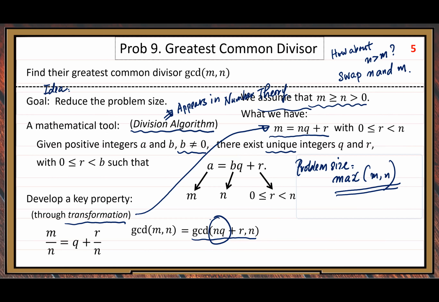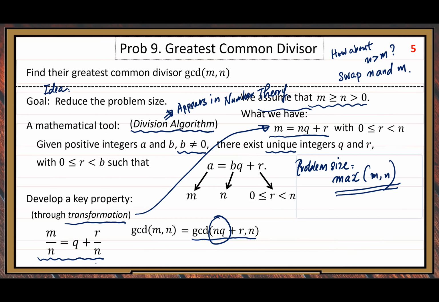Yes, we can. Let's look at this fraction, the left-hand side m over n. You may ask why we consider a fraction here: because we want to do simplification, not necessarily cancellation.